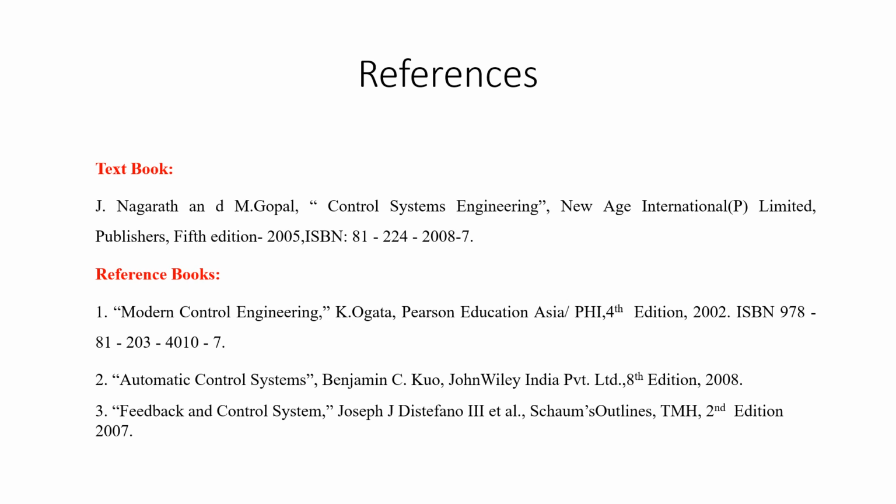This signal flow graph, as you know, was introduced by Mason, and the formula used for evaluating the transfer function of a signal flow graph is termed Mason's gain formula. We have used this Mason's gain formula to find the transfer function for the given signal flow graph, and you have learned how to represent the signal flow graph for a given block diagram and how to evaluate the transfer function.